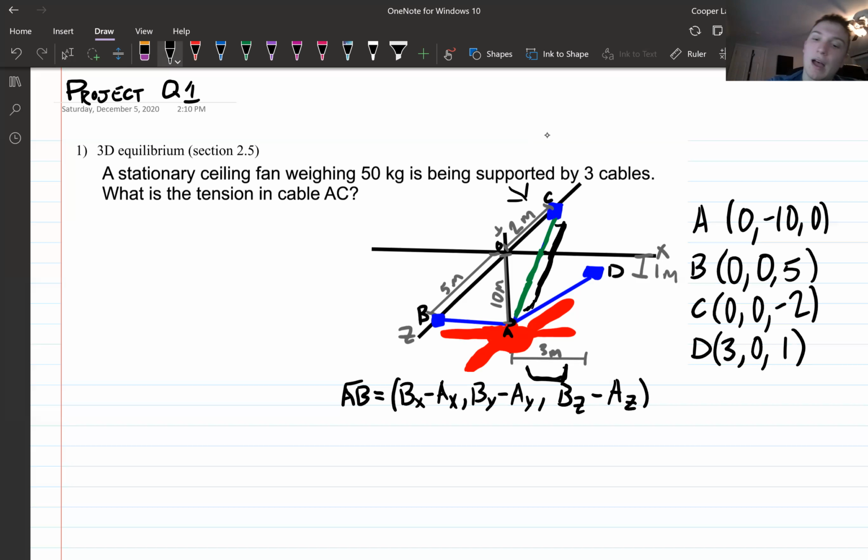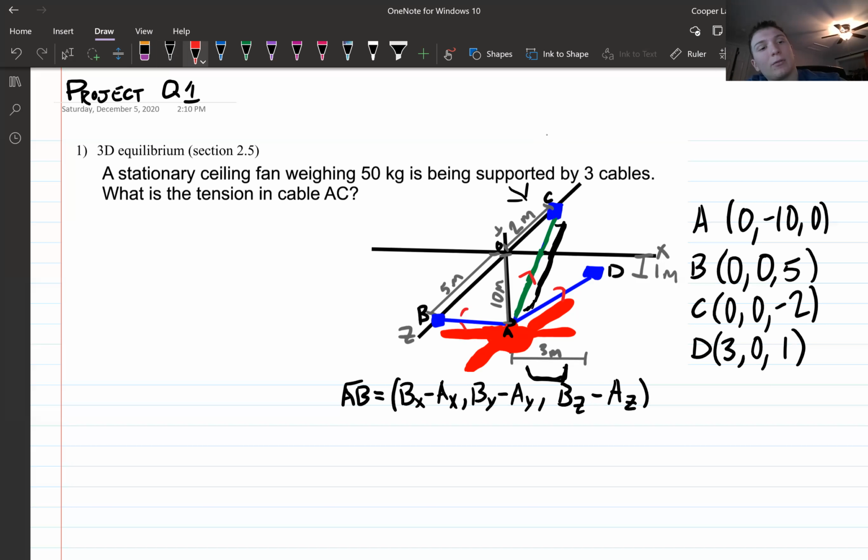That's how it always is: you do the end point minus the start point, because it's being supported by the cables, which means the force goes up on all of these. So therefore it starts from A and then ends at the opposite point.